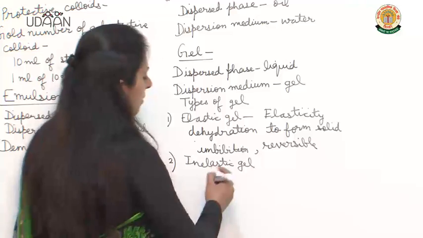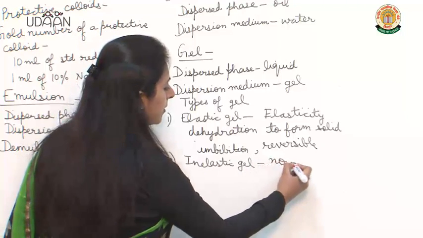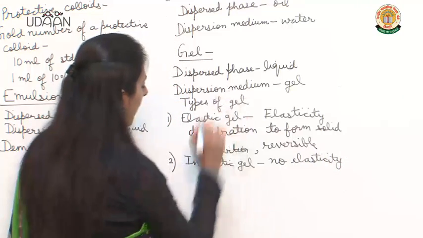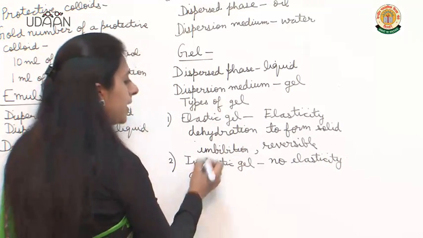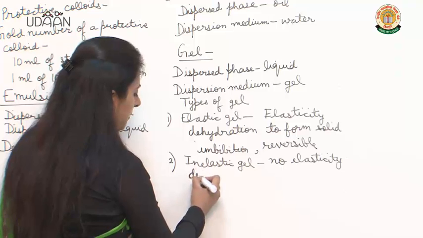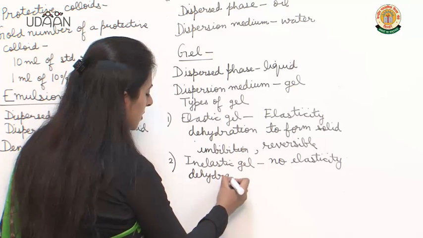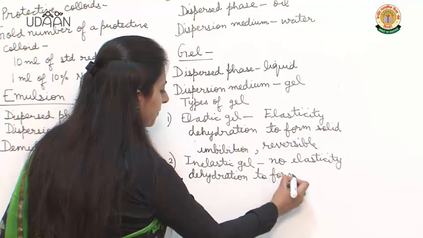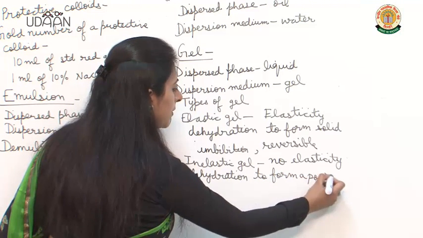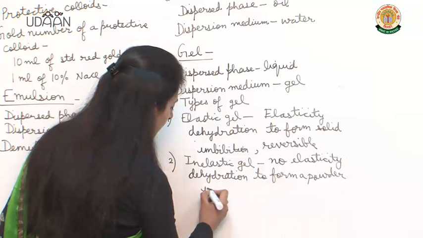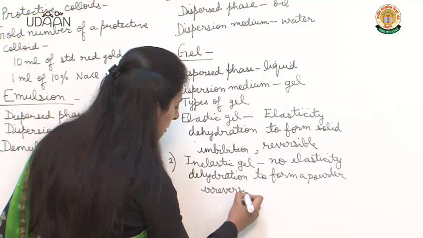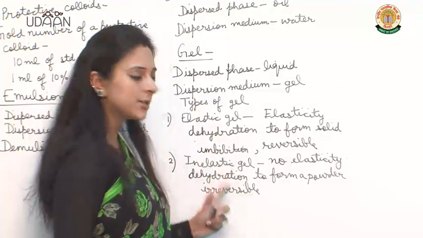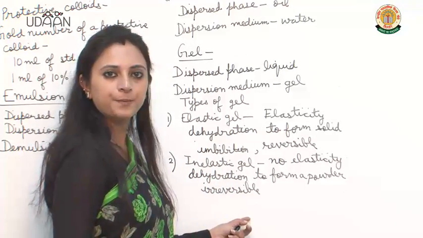But when we talk about inelastic gel, there is no elasticity, and when you heat it, it will undergo dehydration to form a powder. That means it is irreversible. Even if you add water, you cannot make it back the way it was. So inelastic gel is irreversible.